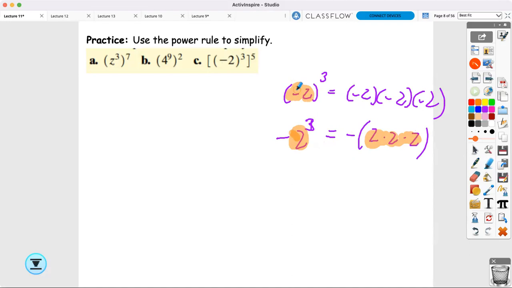Okay, cool. Did that visual help out, Sarah, with the differences? Okay.